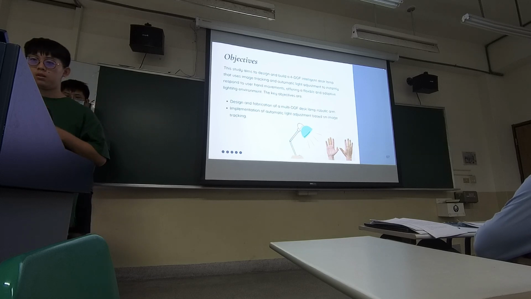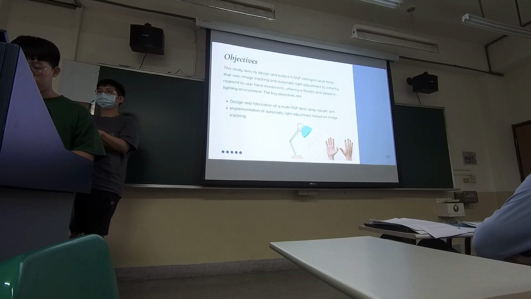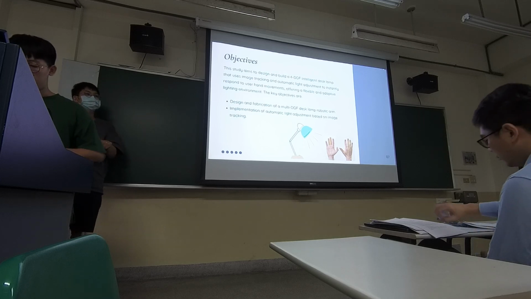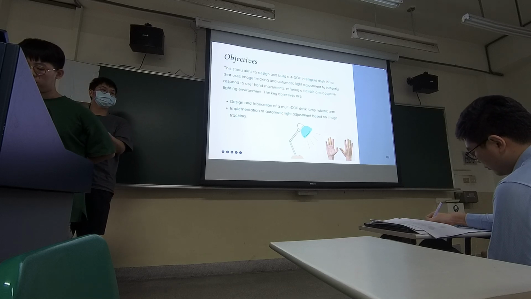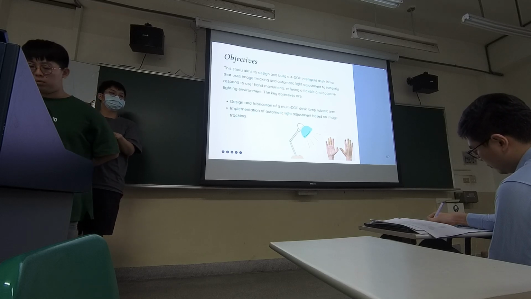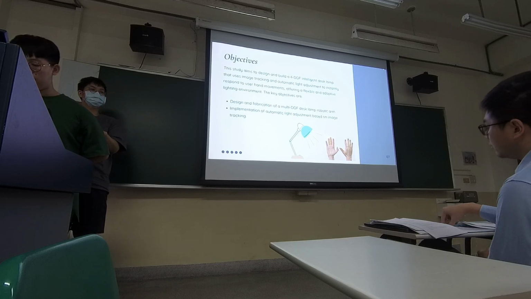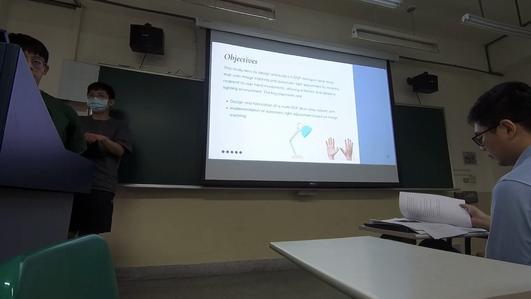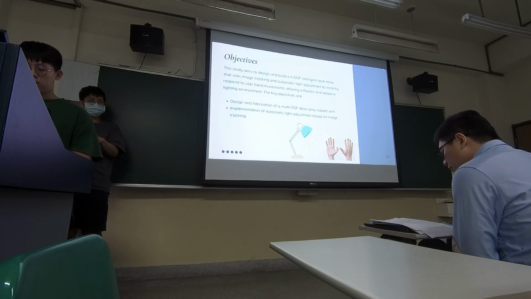Okay, about the objective, our goal is to integrate image tracking technology and automatic light source adjustment to instantly respond to the user's hand movements, providing a flexible and intelligent lighting environment. The key objectives are the following 2 points.